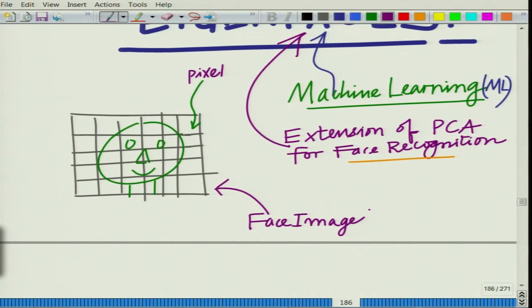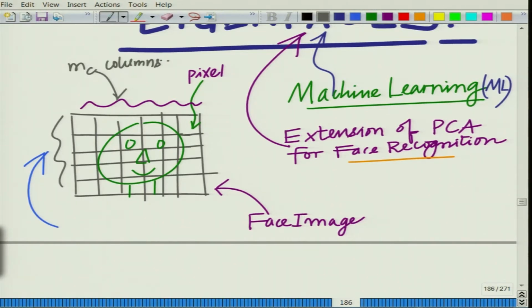A frontal face image, and let us say there are MR rows of pixels and MC columns of pixels.